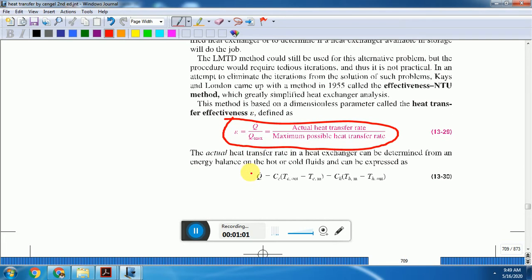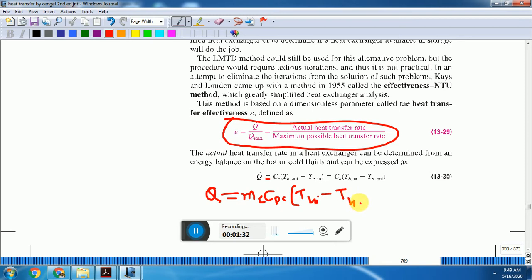Suppose we take how to calculate actual heat transfer. If Q is the heat transfer rate, then actual heat transfer will be mass flow rate of cold water mc into Cp of C, mass into specific heat Cp of C into delta T, Thi minus Th naught.